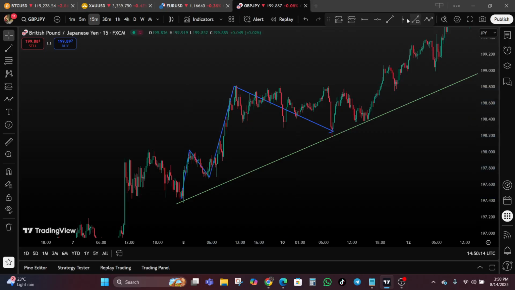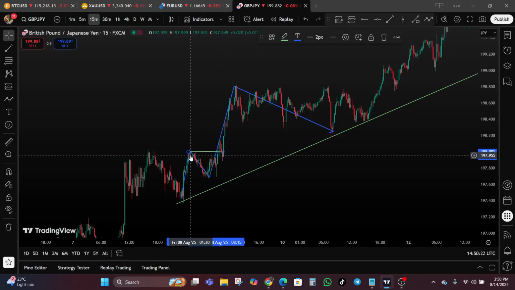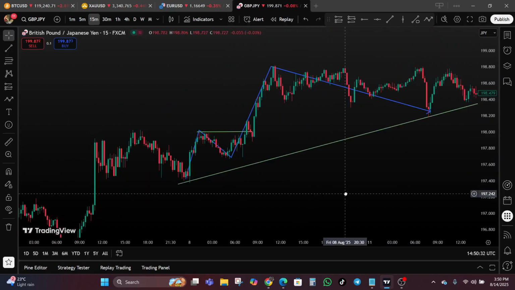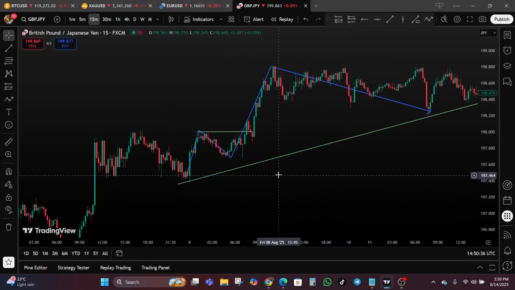If you look closely, you will see that there was a break of structure here, right? After price formed this high, formed this low, then formed the next high, there was a break of structure around here, which validates this bullish trend, right? So a bullish order block is going to be the very last bearish candle, all right?